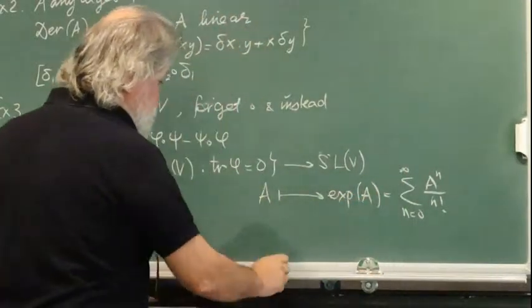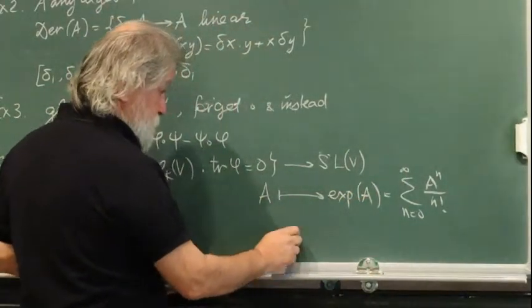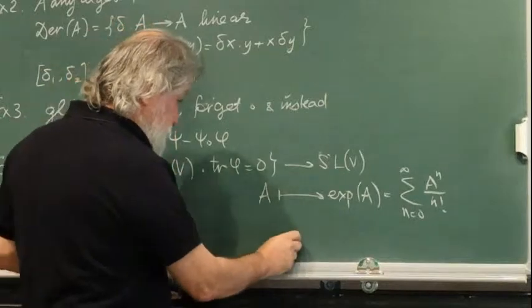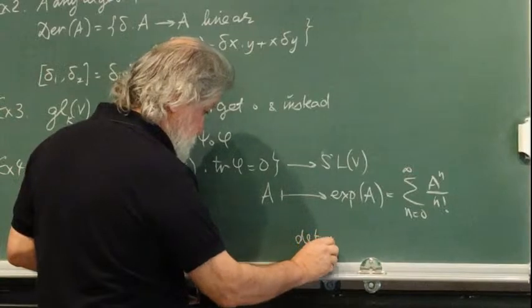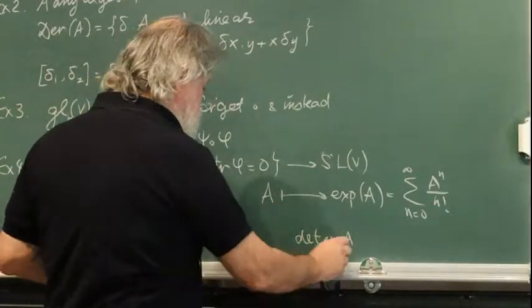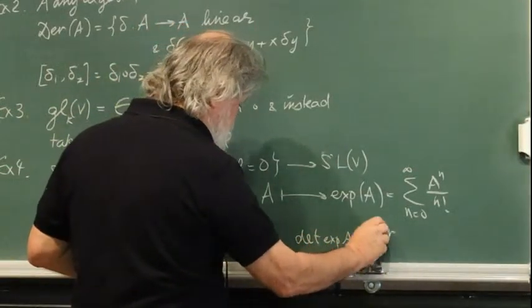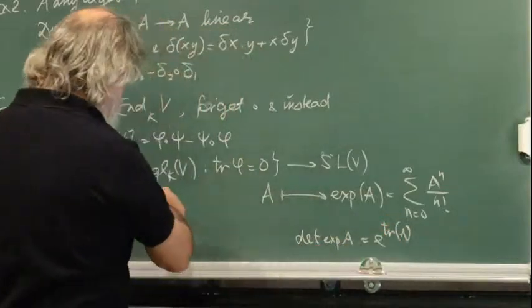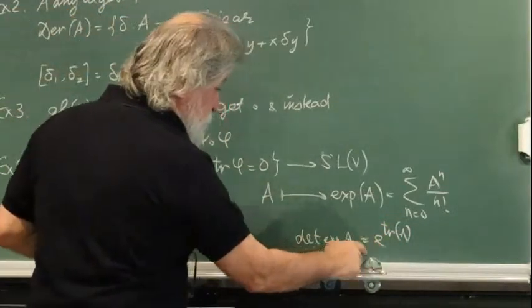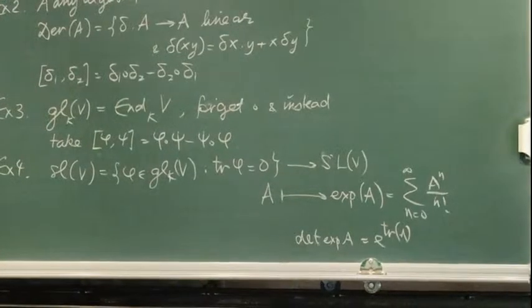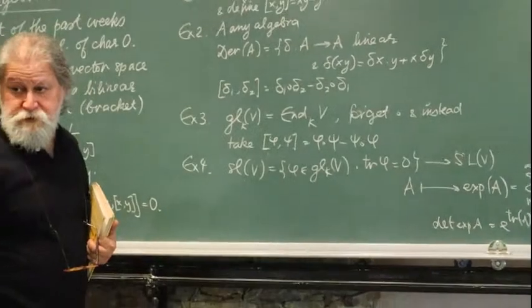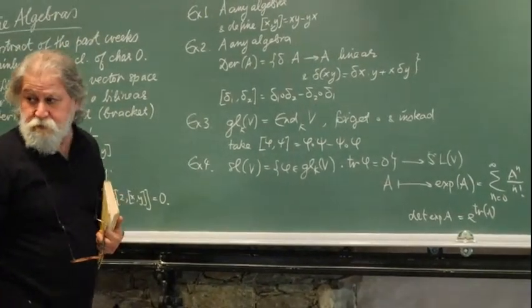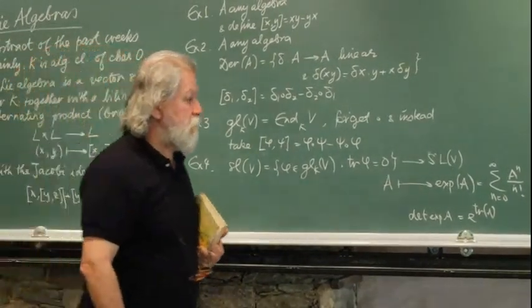The determinant of exp(A) is e to the trace A, so that if trace A is 0, then this is 1. And we have seen other classical algebras, like three others, orthogonal, symplectic, and so on. Okay.